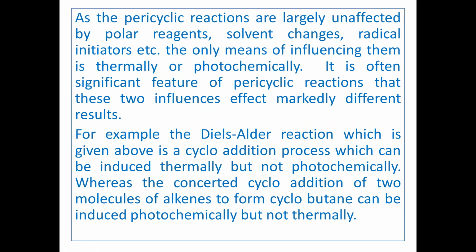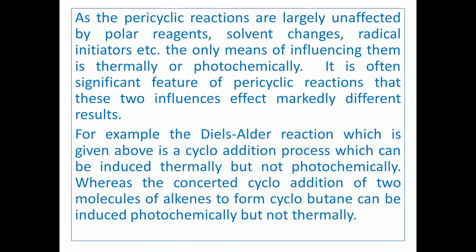Further, pericyclic reactions are mostly unaffected by polar reagents, solvent changes, free radical initiators, and other changes in the course of the reaction, but they are influenced by heat or light.